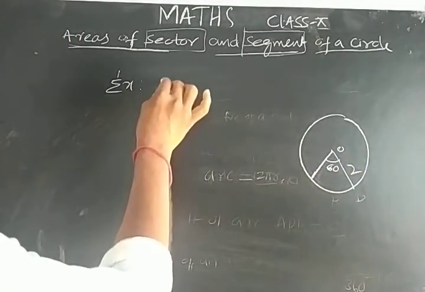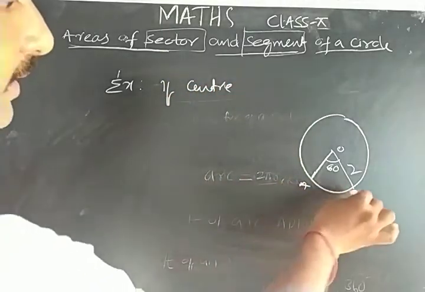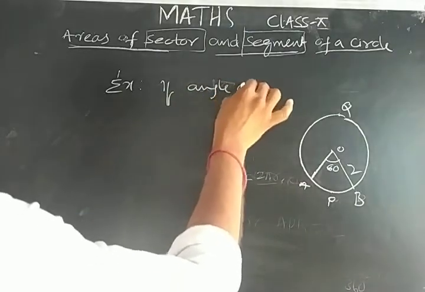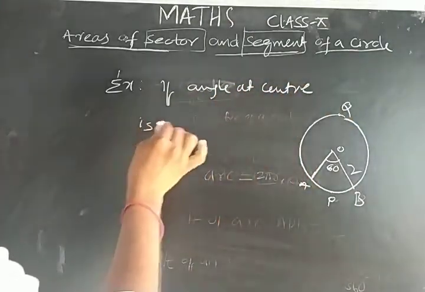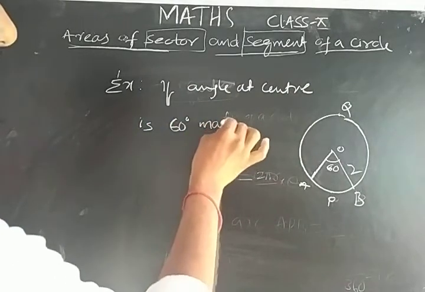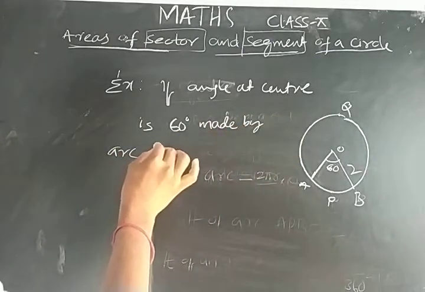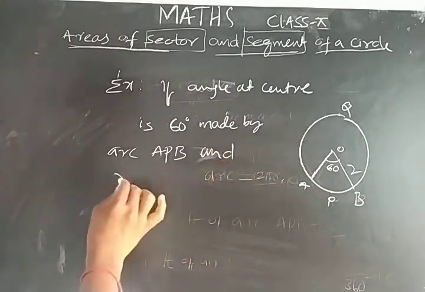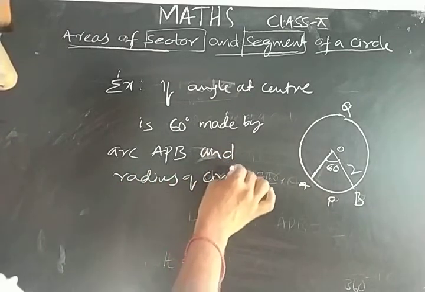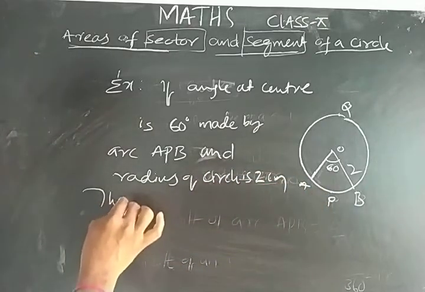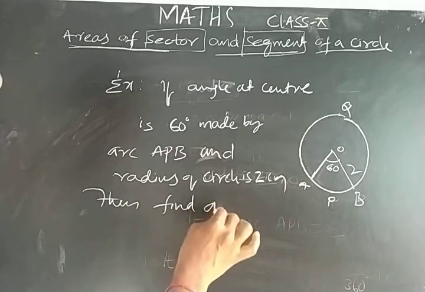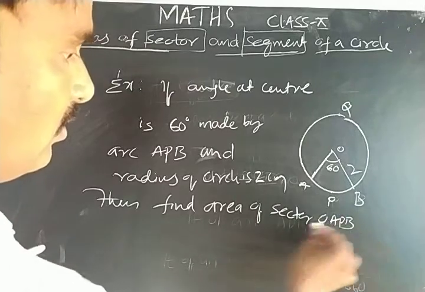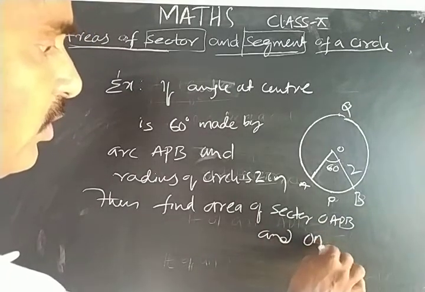The center is O, this is A and this is B, here this is P, this is Q. If the angle at center made by arc APB is 60 degrees, and the radius of the circle is 2 centimeters, then find the area of sector OAPB and OAQB.